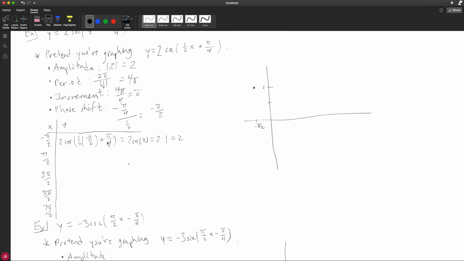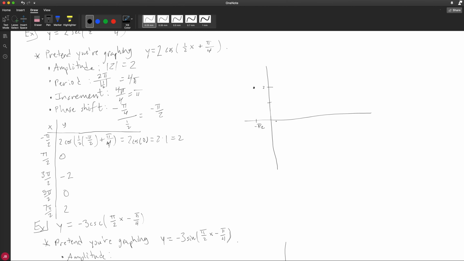Okay, and now since we already know how to graph these, I'm going to speed through the rest. For this one, you would plug in pi over 2 for x, and you would get 2 times 0, which is 0. And then here, plugging in 3 pi over 2 for x, you would get 2 times negative 1, which is negative 2, and then another 0, and then another 2.